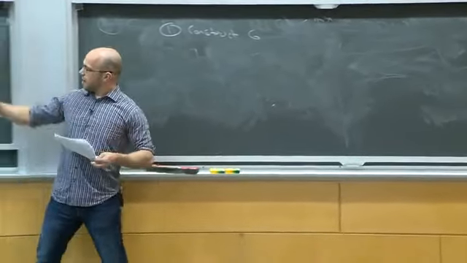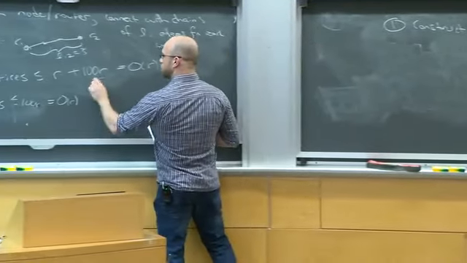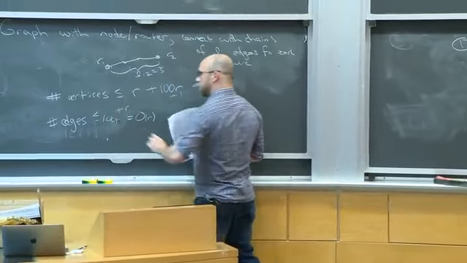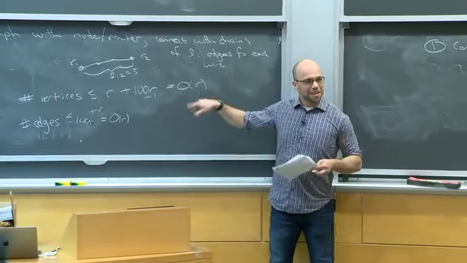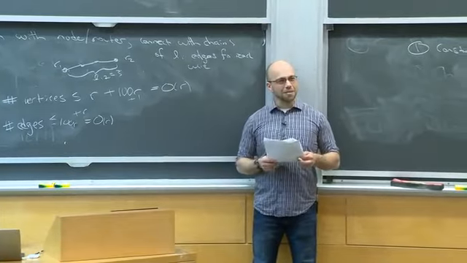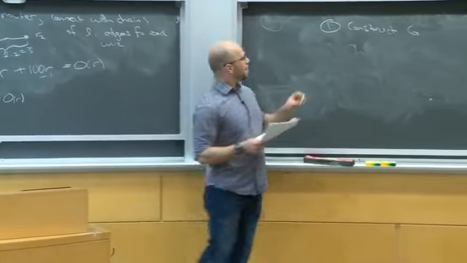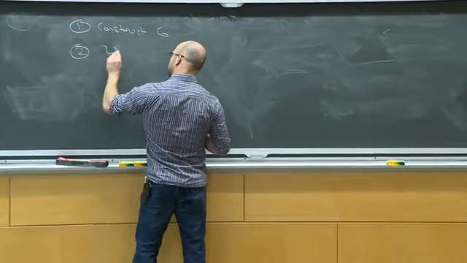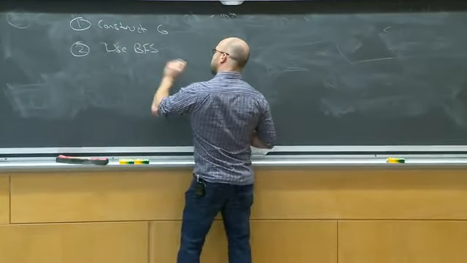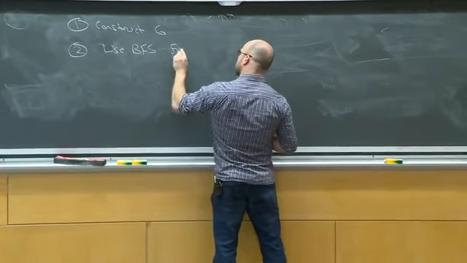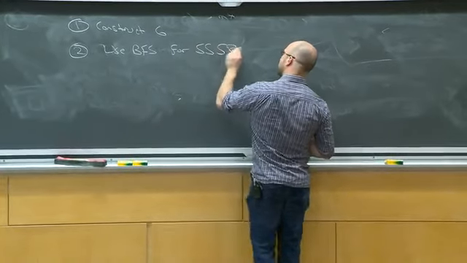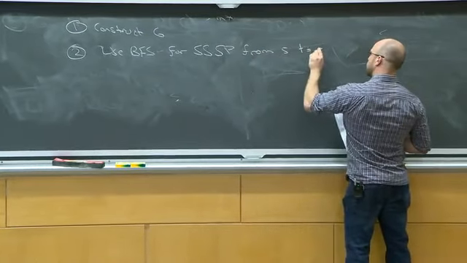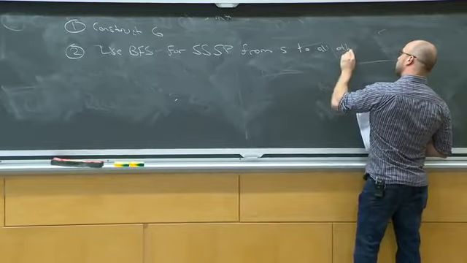Notice that adding the supernode just adds 1 to the number of vertices, and at most r to the number of edges, which doesn't affect asymptotically the size of either of these two sets. So that's a good thing. Now, I'm going to use BFS to do single source shortest path from my supernode to all other vertices.